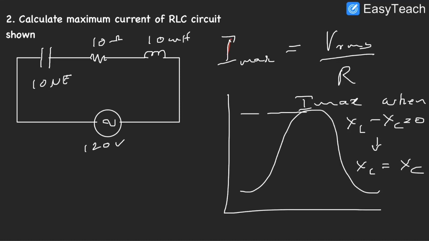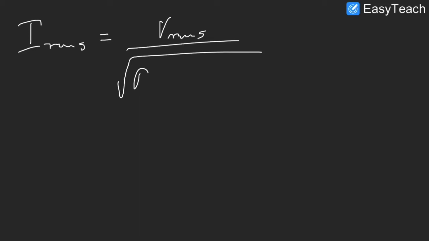That is going to cause resonance to occur. So that simplifies the entire expression of I RMS equals V RMS divided by the impedance, which is the square root of R squared plus XL minus XC the whole squared.